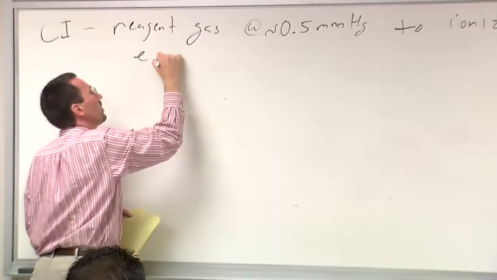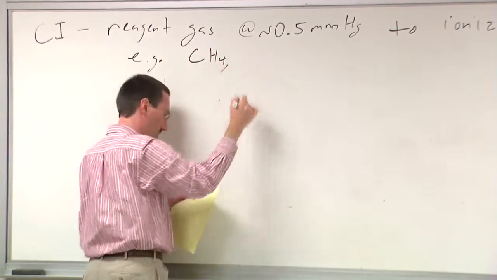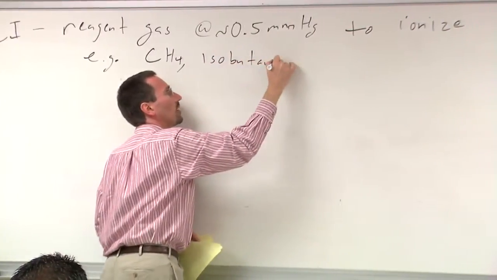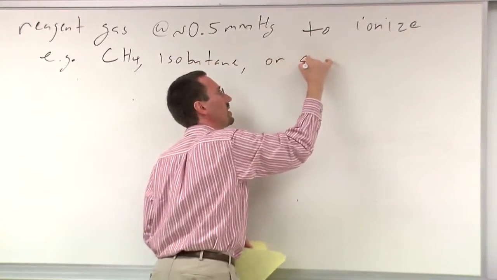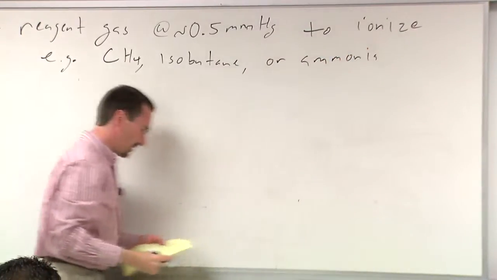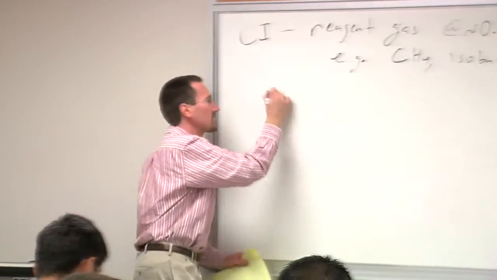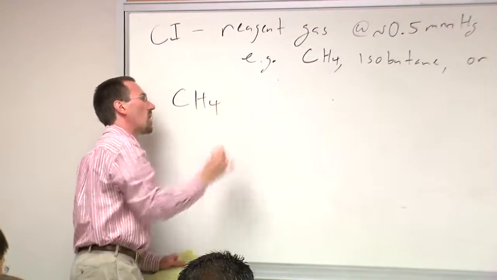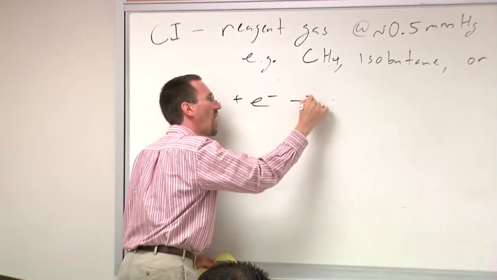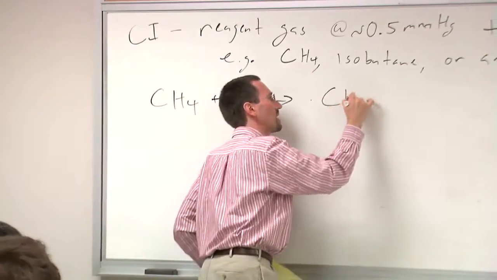So for example, as I said, methane, isobutane, or ammonia. So let's look at the chemistry of the reagent gas. So we saw that if you take methane, and you give it a good hard whack with an electron, you get a methane radical cation.